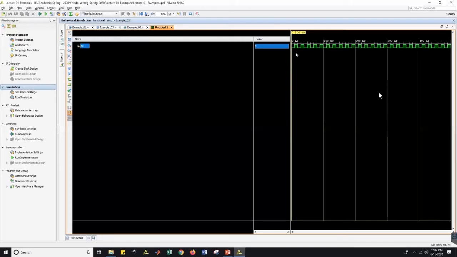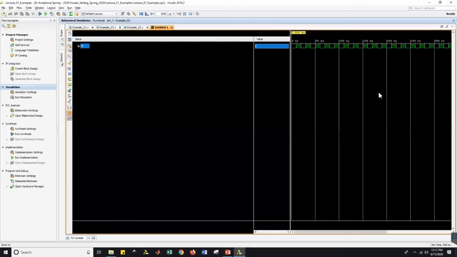Second, we can verify that after every 10 time units the value of the clock is toggled. From 0 to 10, the value is 0. Again from 10 to 20, the value is toggled to 1, then toggled to 0, and again toggled to 1.